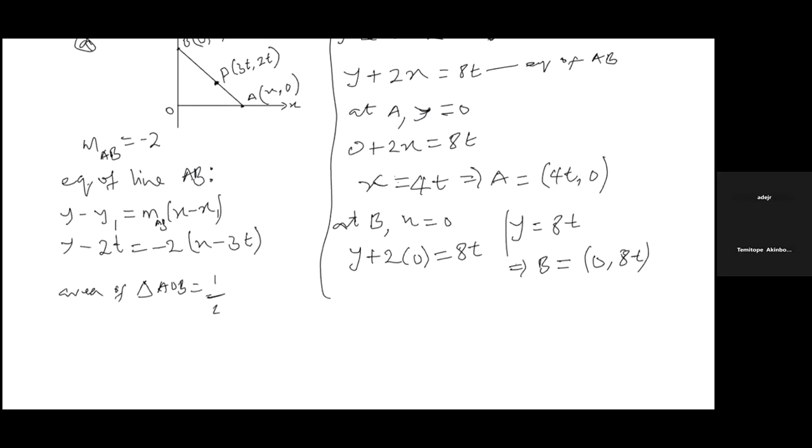Half OA times height, and the height is OB. So the base of the triangle, which is OA, is the coordinate of x that you have at A, because that's the distance from O to A. You know, it is on the x-axis. So the value of this x that we have just obtained, which is 4t. So that's OA.